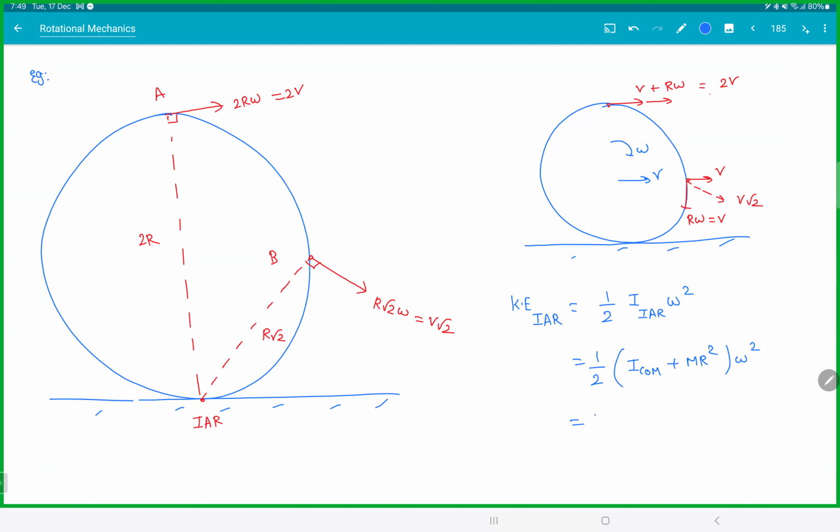So it is half MR square omega square plus half I center of mass omega square. This is nothing but half M V_COM square plus half I_CM omega square. This is actually the kinetic energy of the system. So finding kinetic energy about IAR will give you the kinetic energy of the whole system. You can treat it like a pure rotation.